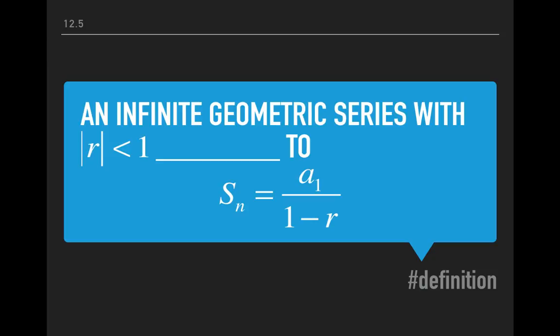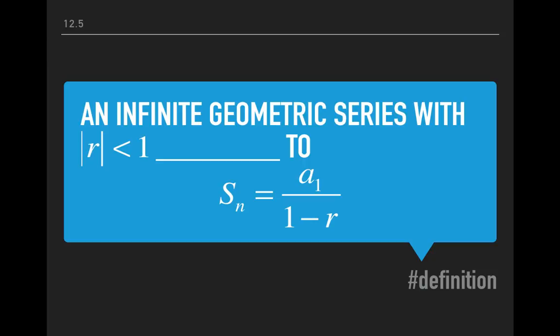So let's now talk a little bit about infinite geometric series, meaning that this series goes on and on. It's not stopping. So what happens when your rate is less than 1?